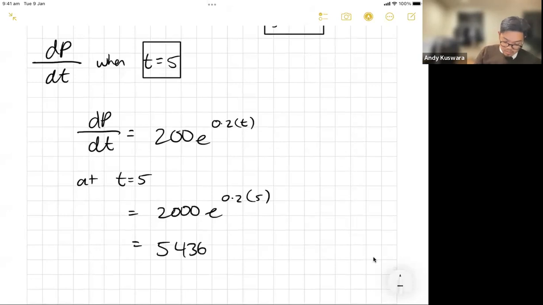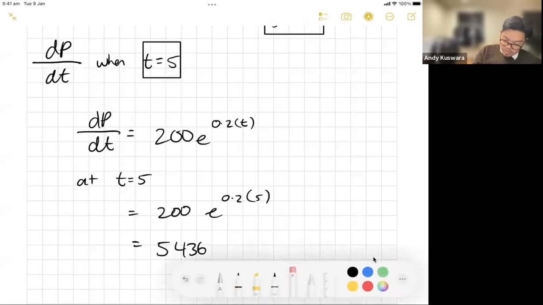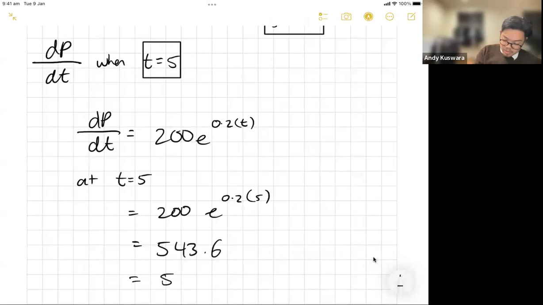Oh, not 2000. Sorry, guys. 200. That's going to change it significantly. It becomes 543.6. And so I'm going to say approximately 544.